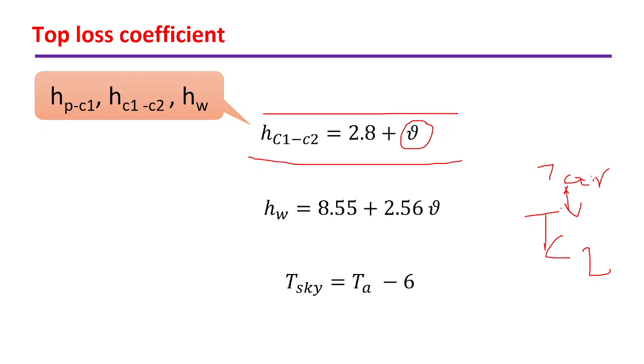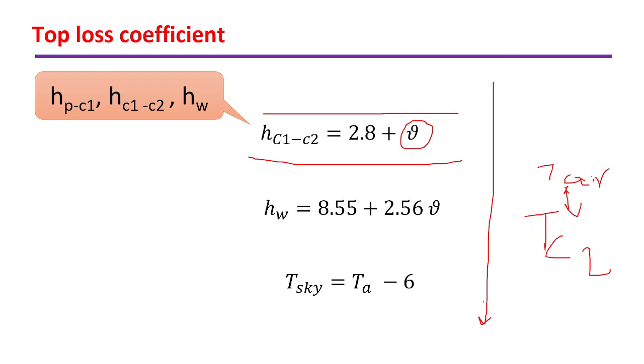Suppose the air temperature is around 300 Kelvin and this is 305; the difference will be 5 Kelvin. Convert it into degrees centigrade and check the other values in the table. Another correlation you may note down: temperature of the sky is the ambient temperature minus 6. So these are the three straightforward correlations.